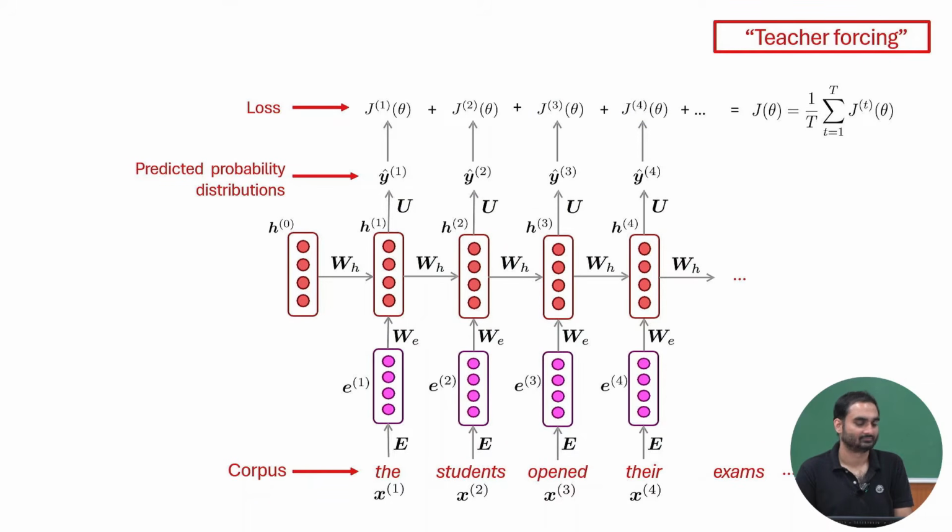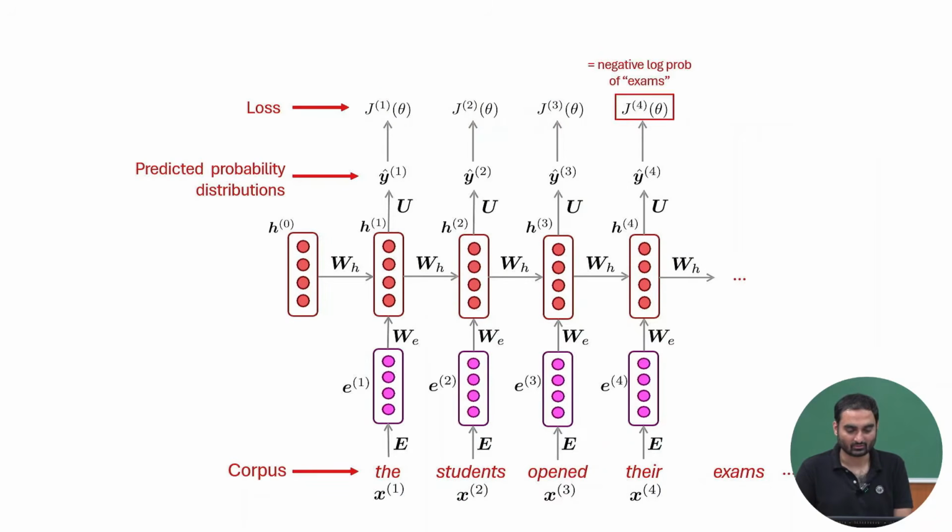Remember this term. So at every time step, we have this cross entropy: let's say J1(θ), J2(θ), J3(θ), J4(θ). We take the sum of all these losses, which will be my overall loss, and we basically take the average of it. There are T instances, so this will be 1/T of the total loss.